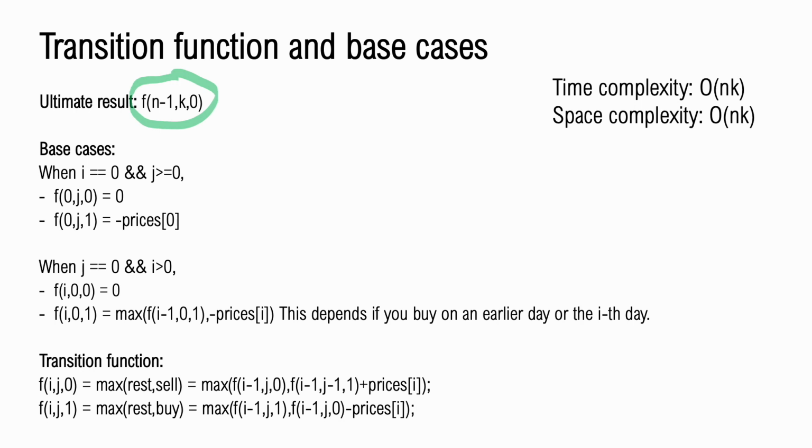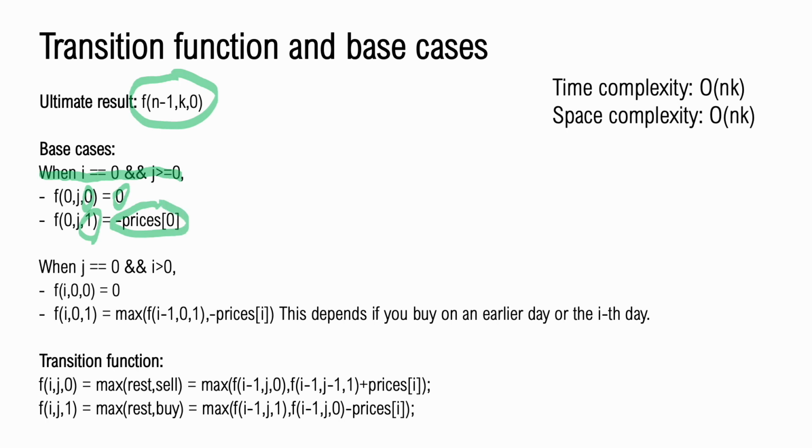We want the optimal result at the end, and the base cases will be at the very beginning. Some base cases will be at the end of the first day. No matter how many transactions you made, if you have 0 stocks, it will be 0. If you have 1 stock, it will be the negative stock price of the first day.